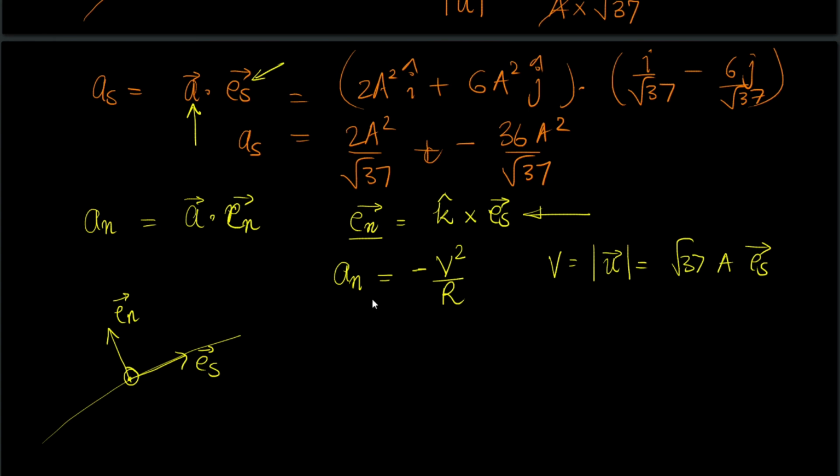So with the help of this, we can find out the radius of curvature as minus v square upon the magnitude of the normal acceleration.